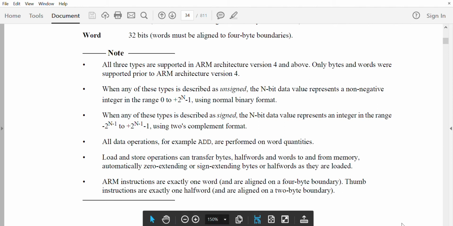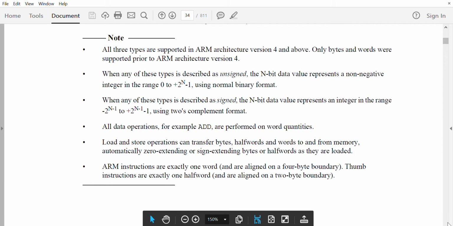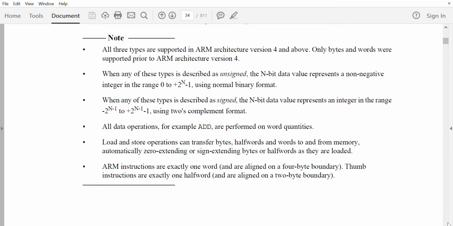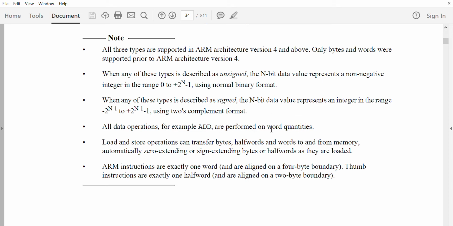Some of the data operations are done in word quantities, and some other instructions are done with half words or bytes. Depending on the kind of operation, you'll be using byte, word, or half word operation.